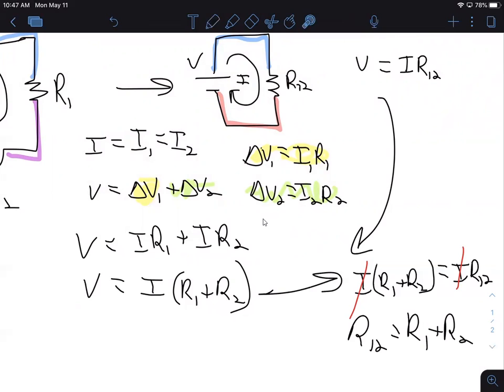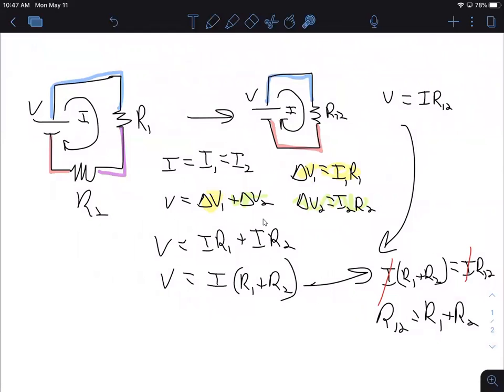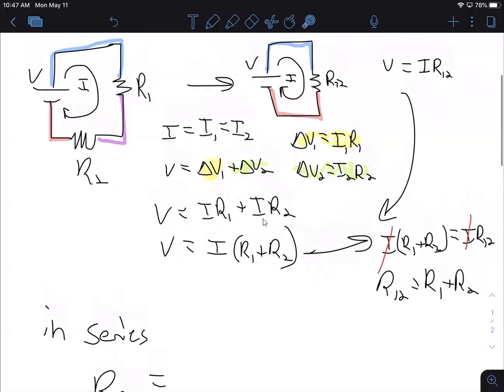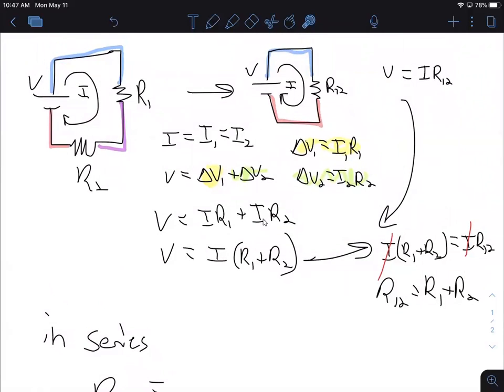So for this series case, we have found the equivalent resistance of R1 and R2 together is just the sum of the two resistances. You could do the algebra if you wanted to show it to yourself. So if I want to combine resistors in series, and resistors are in series, by the way, when they have the same current through them, right?